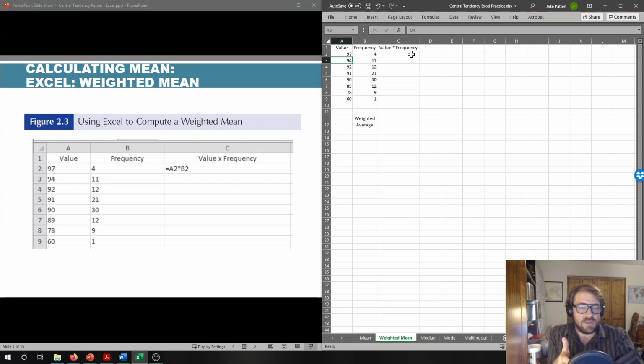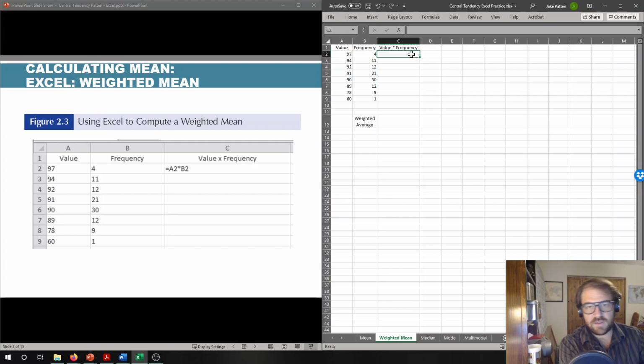But then I'm going to have to type in 94 11 times, and 90 30 times. I'm going to have a hugely long set of data just to come up with an average. No, that doesn't sound very fun. I don't want to do that. So what I'm going to do instead is multiply the value by the number of times that value shows up, or the frequency.